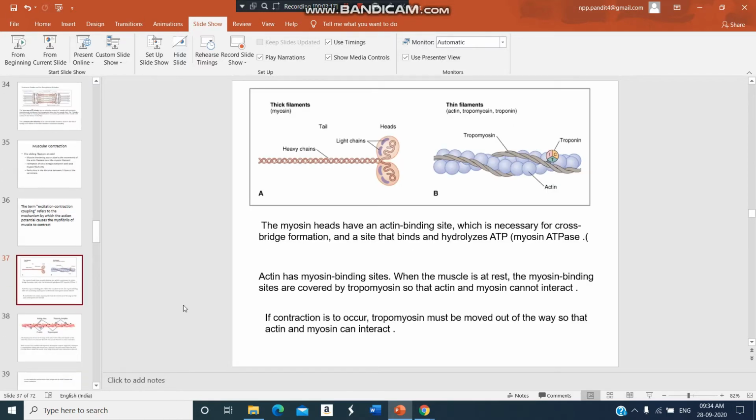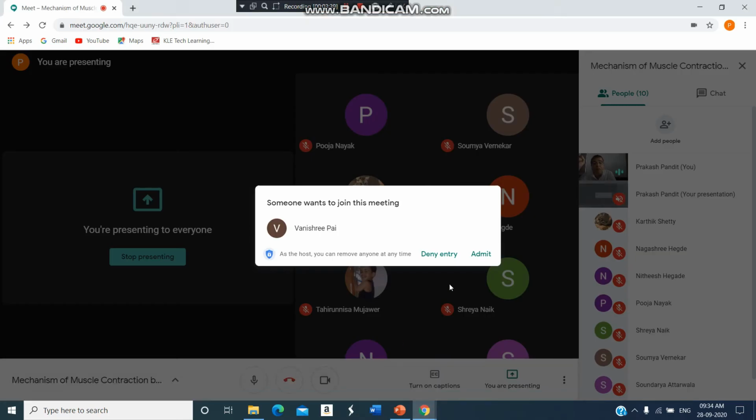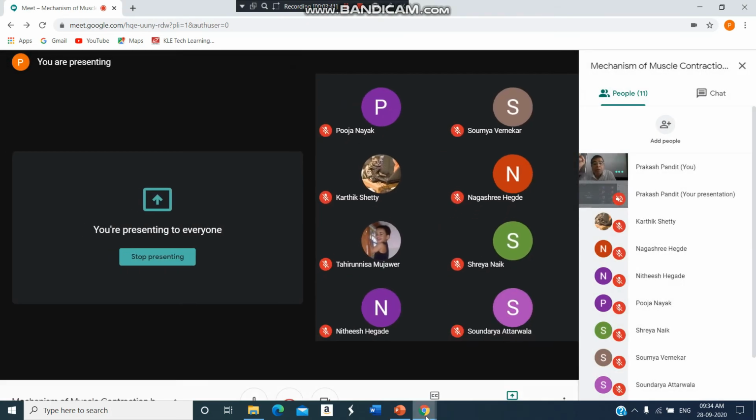Here again I would like to draw your attention to the structure of myosin and actin filaments, that is the thick filaments and thin filaments. In the thick filament, the myosin has a double head, which is very essential for the development of the cross bridges.